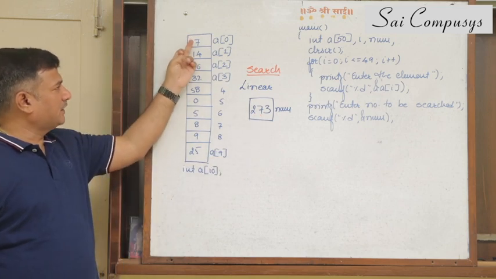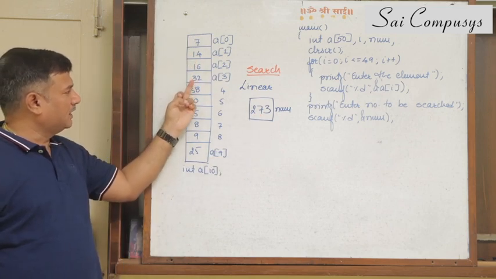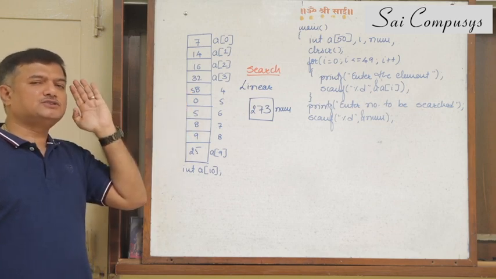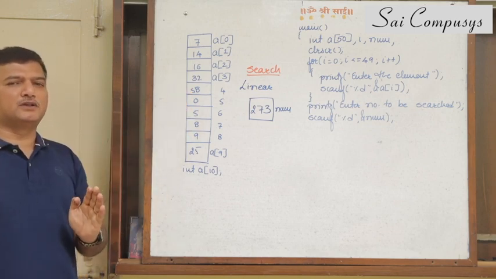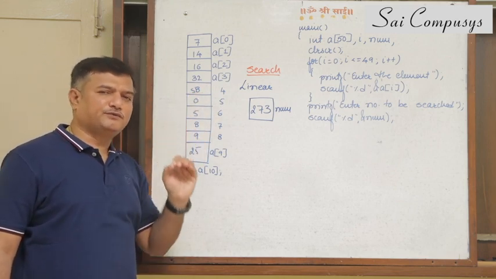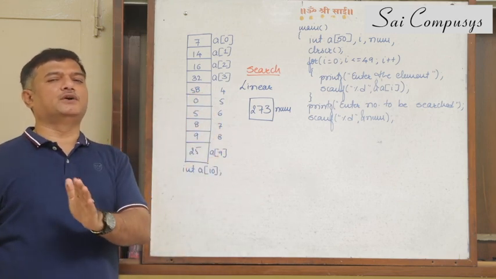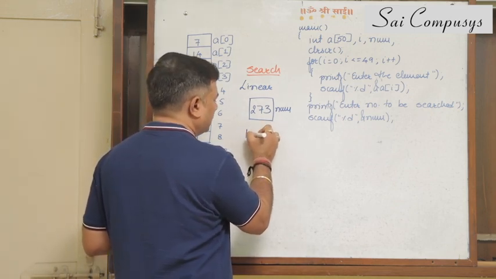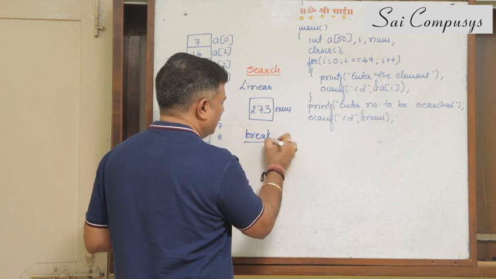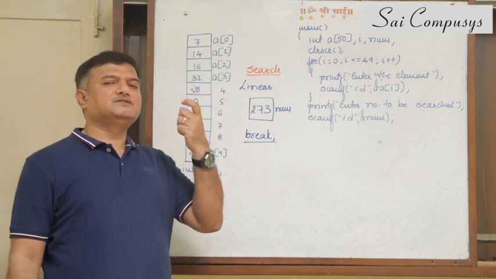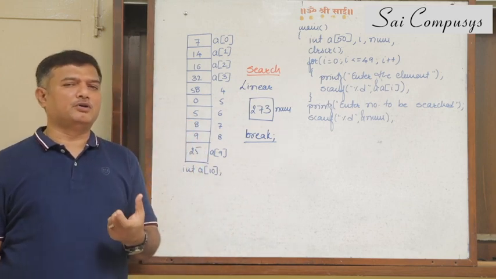Comparing this element with every position of the array, if I encounter the element at any position, I can stop my search process further, because as the element is present on a particular position, it's found, we need not check it further. So there I will be using the break statement. You know the break statement? What is the objective of break? It is to terminate the loop abnormally.